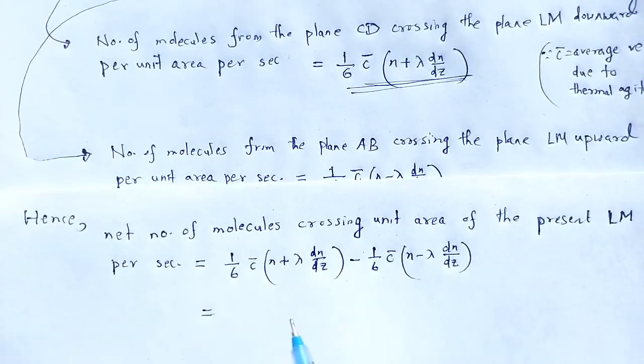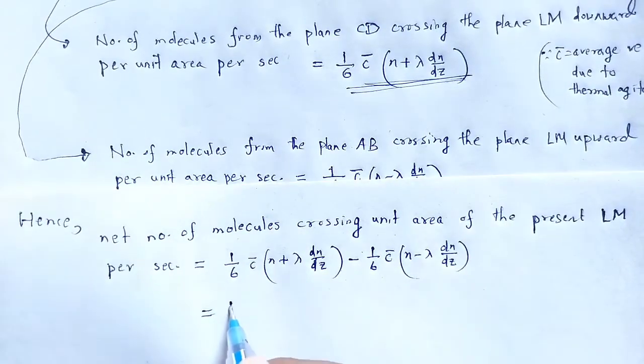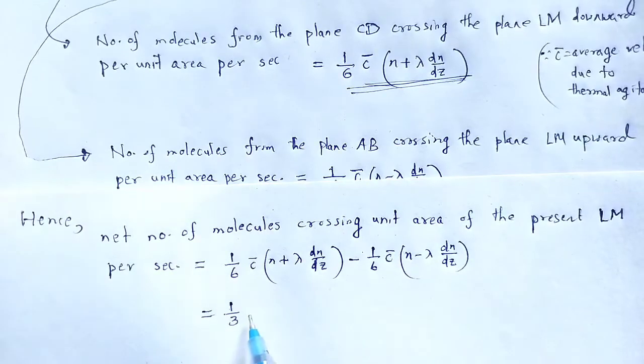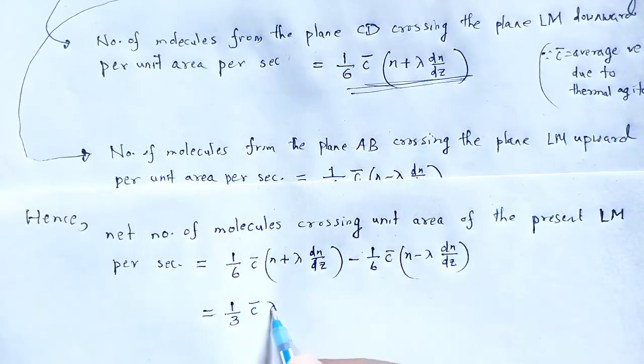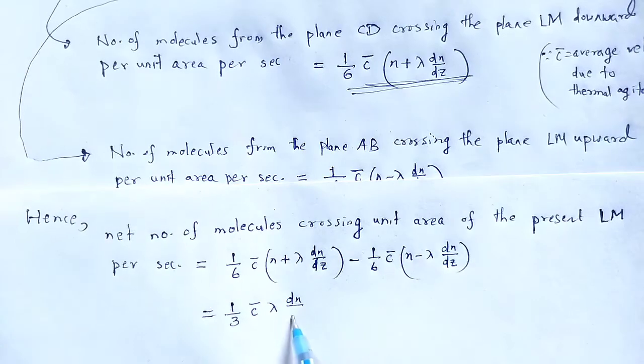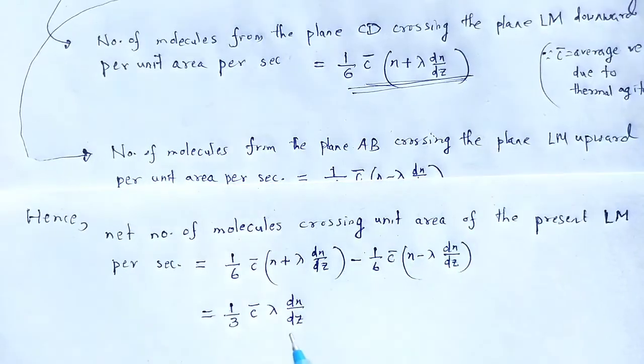On simplification we have 1 by 3 c bar lambda dn by dz.